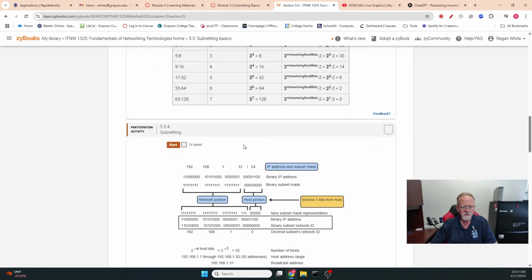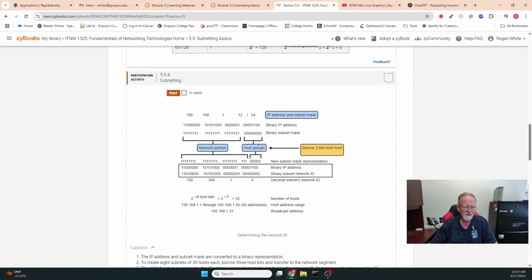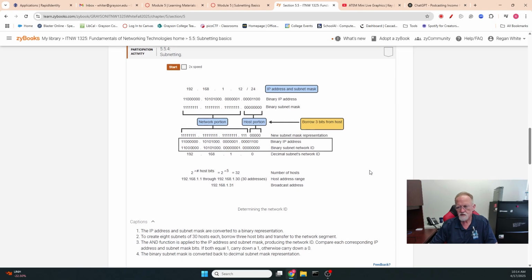All right, you've got another participation activity. This walks you through the process. Make sure you do these. Number 1, you need the grades, and number 2, it walks you through the process of actually borrowing bits and how to mathematically calculate the number of hosts you get, because for a subnet, you need to be able to, number 1, tell me the network ID.